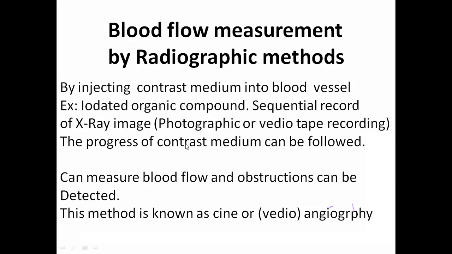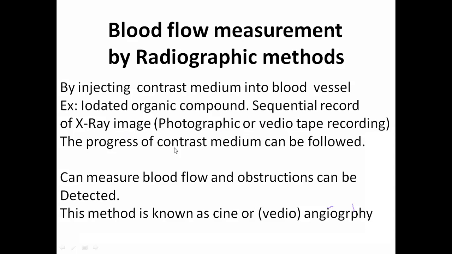In this we pump or inject an organic compound into the blood, which increases the contrast of the blood. So that can be easily identified or recorded by the X-ray imaging method. So this is photographic or videotape recording, two ways we can do X-ray imaging, a recording of a continuous process.